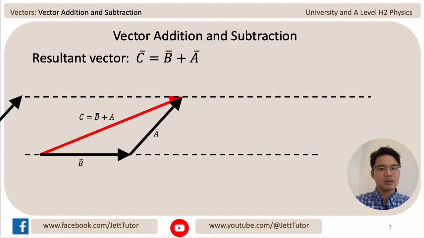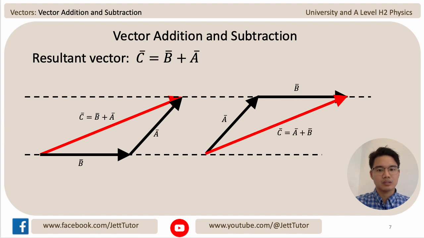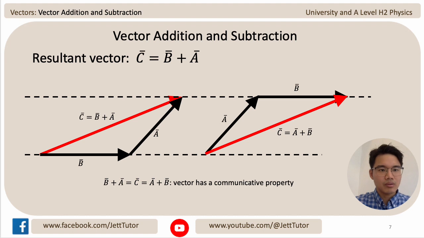Draw a vector A, then draw a vector B starting from the head of vector A. The resultant vector A plus B is also the same as vector C. Therefore, vector B plus vector A equals vector C equals vector A plus vector B. Vectors have a commutative property.